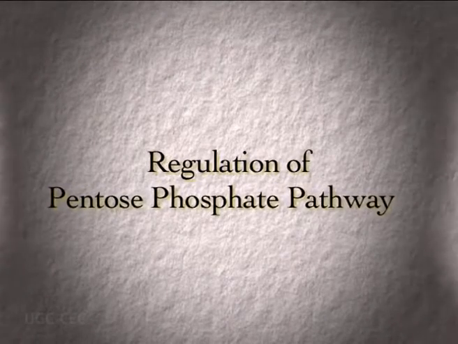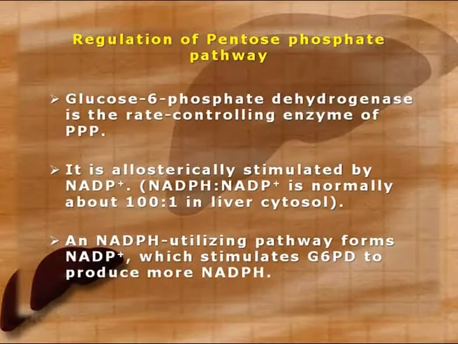Now the pentose phosphate pathway is very tightly regulated in a cell. The first enzyme, glucose-6-phosphate dehydrogenase, is allosterically regulated by the concentration of NADP+. When a cell is actively utilizing NADPH, NADP plus concentration increases in the cell and allosterically activates the enzyme glucose-6-phosphate dehydrogenase.